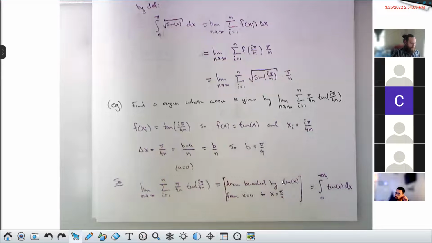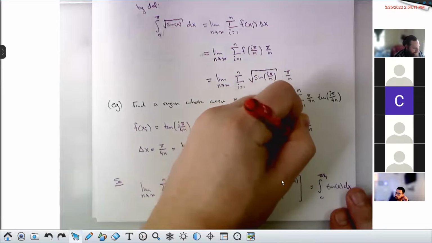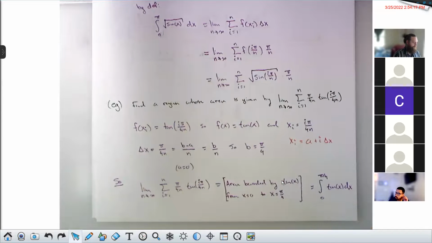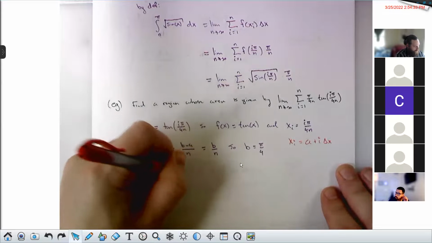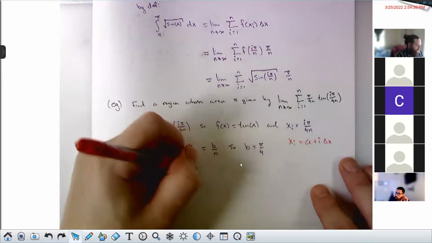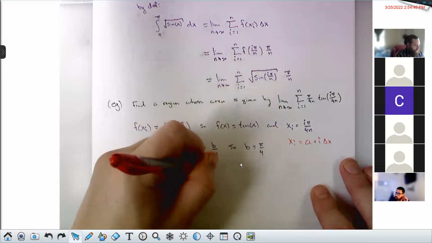Yeah. So I can annotate here in red. I know that xi should be a plus I times delta x. And I know that delta x is this pi over 4n. So if we want to set up an equation we could solve, I could say that a plus I delta x is in this case equal to xi.